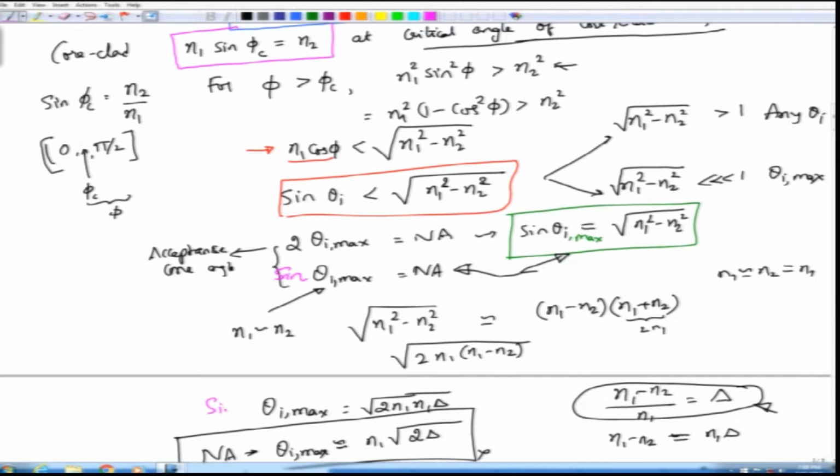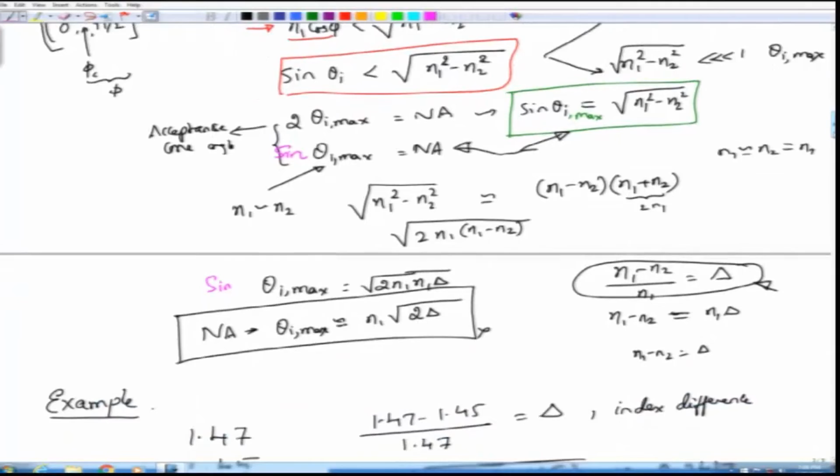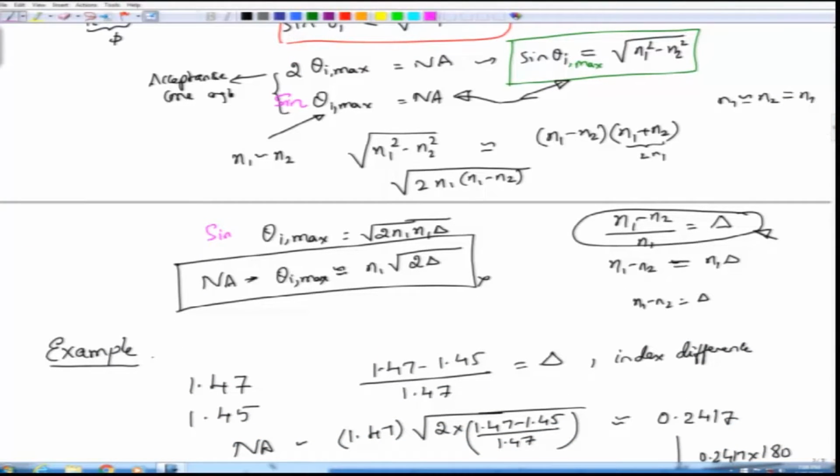A small correction: we are not defining theta I max as the numerical aperture, but rather sin theta I max as the numerical aperture. So, sin theta I max will be n1 square root of 2 delta, and this has to be slightly changed now. So, this is NA.